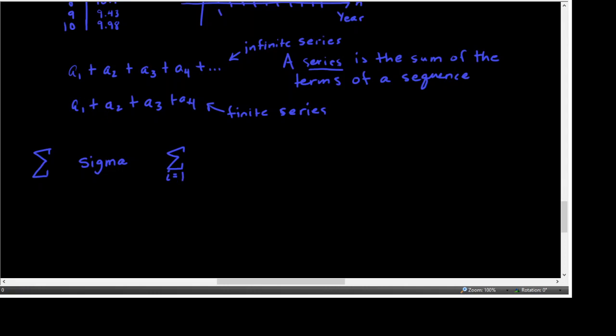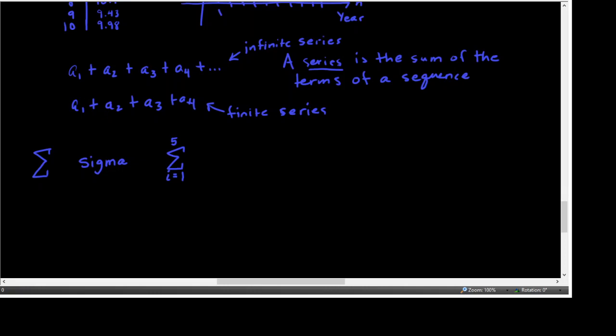You don't have to start with I equals 1, but for right now that's probably safe because it makes counting them easier. You'll see why I say that in just a second. And that goes below the sigma, and where we're going to stop goes above. So this is the upper limit of the sigma. Let's say it's 5, just for example.